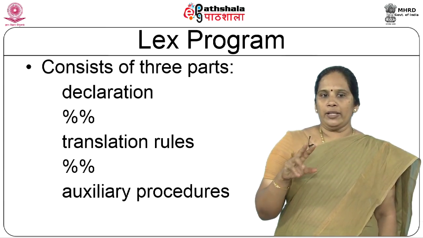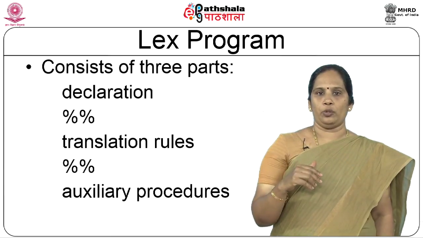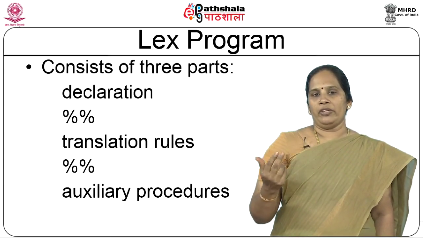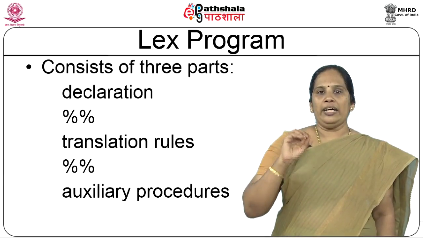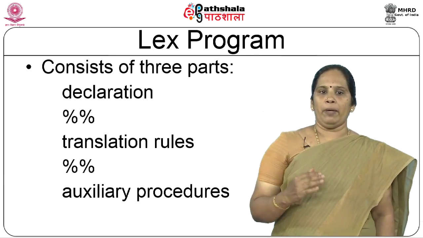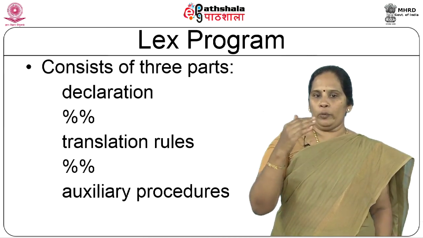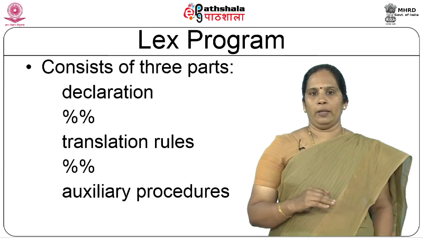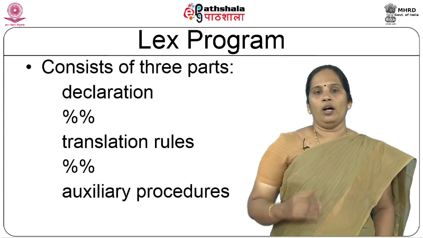Now, the double percentage between the declaration and the translation rules indicates the end of the declaration part and the beginning of the next part. Similarly, the double percentage between the translation rules and the auxiliary procedures indicates the end of the translation rules and the beginning of the auxiliary procedures.